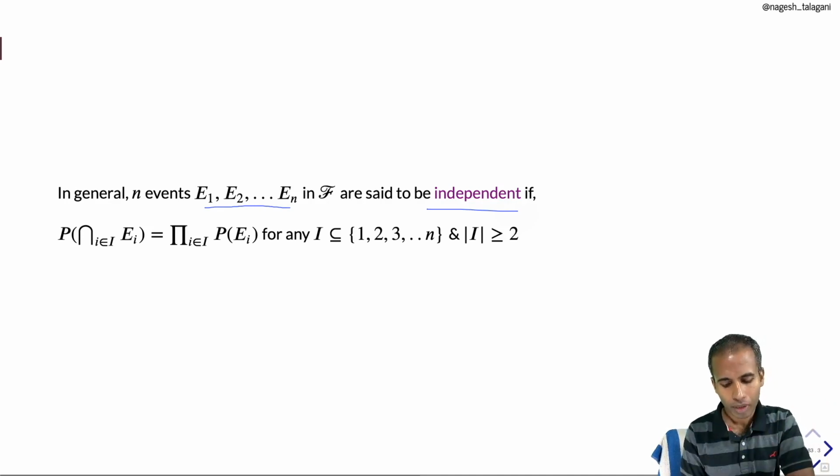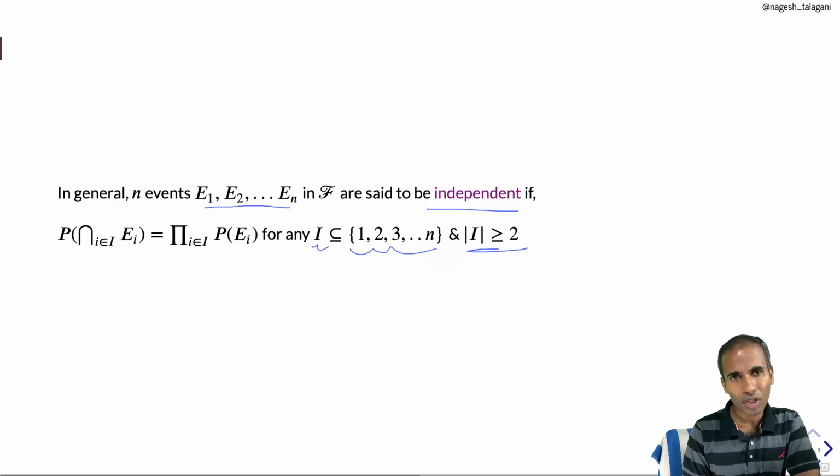That is, for every choice of capital I, a subcollection of 1 to n with size greater than or equal to 2, the probability of the intersection of the Ei where i varies over I should be the product of the probabilities of the Ei where i varies over I. If this happens for every subset I of 1 to n with size at least 2, then we say E1, E2, ..., En are independent.